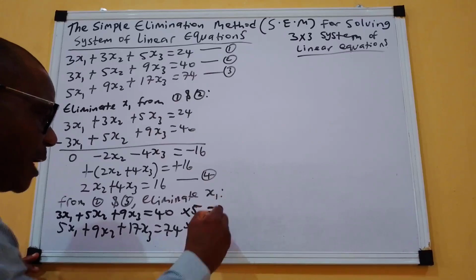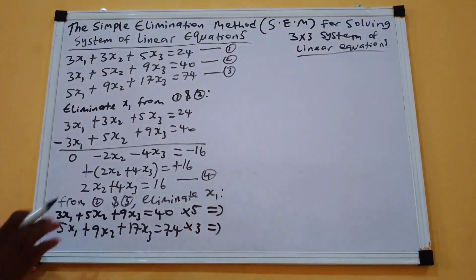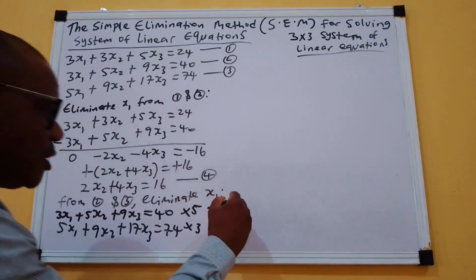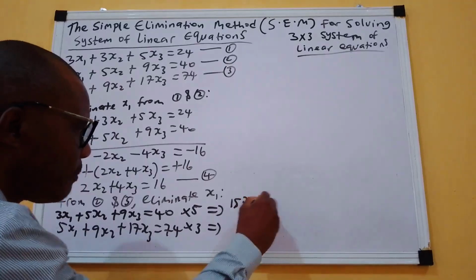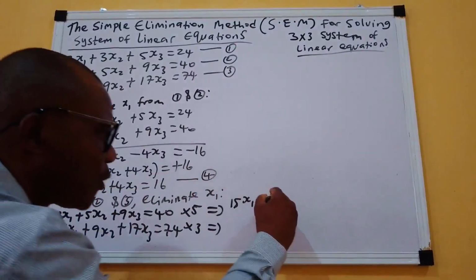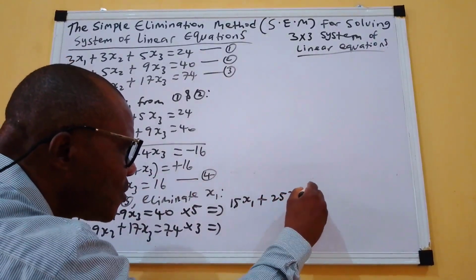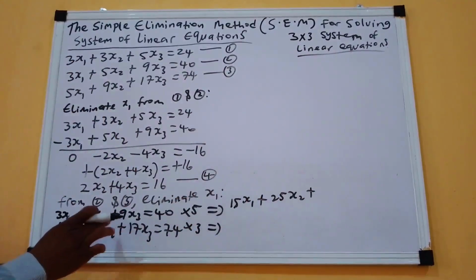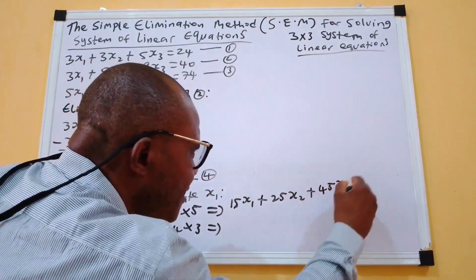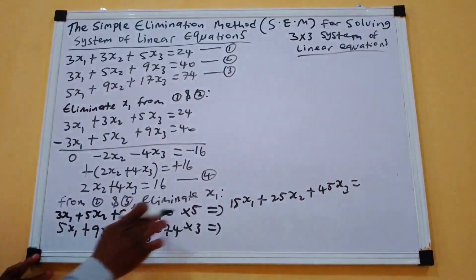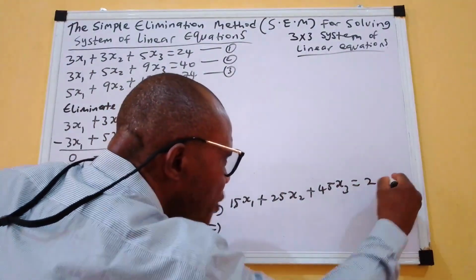So 5 times 3 will be 15x1 plus 5 times 5, 25x2, plus 5 times 9, 45x3, is equal to 5 times 40, which is 200.